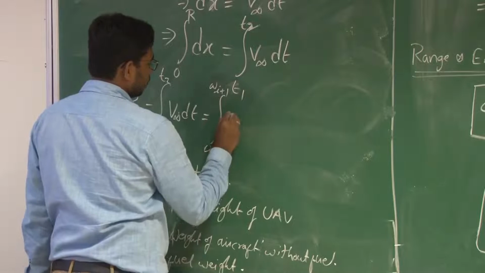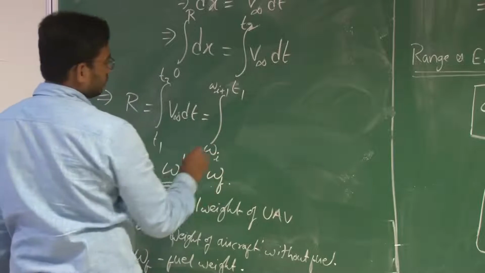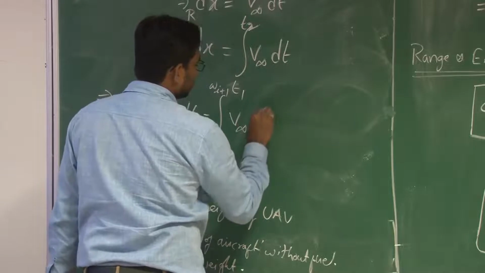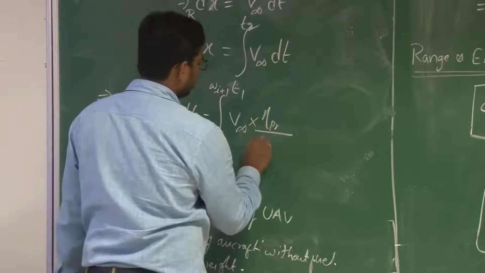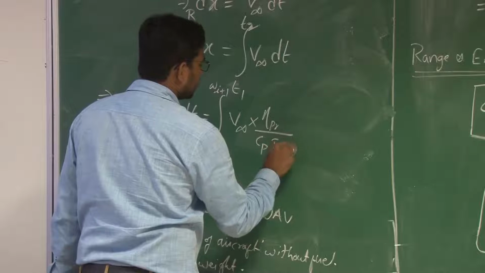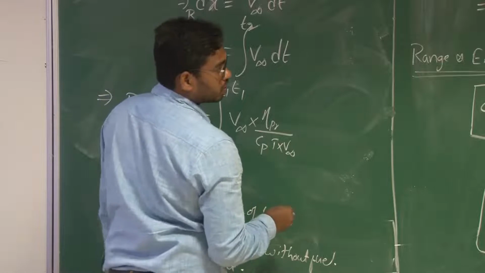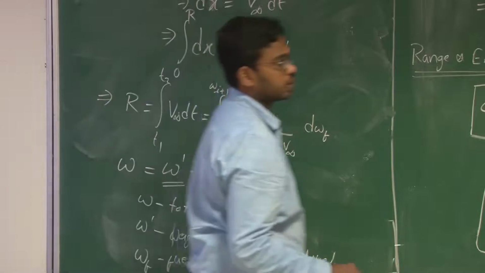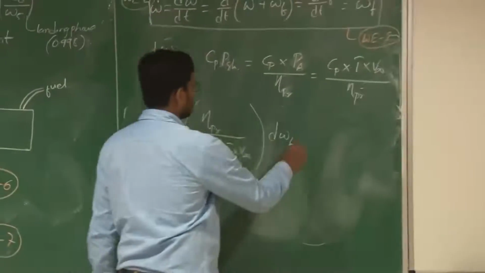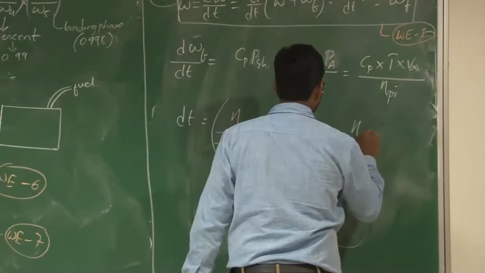So this is V infinity times eta of the propeller efficiency divided by Cp into T into V infinity, into dW of the fuel. Don't you think dW of the fuel is equal to dW of the aircraft?